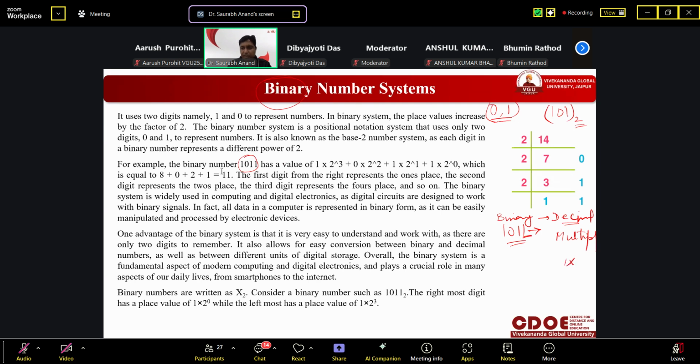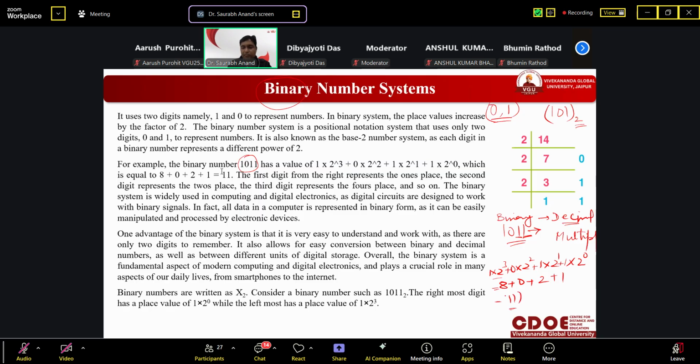So we put the first 1 into 2's power 0, plus the second 1 into 2's power 1, plus 0 into 2's power 2, plus 1 into 2's power 3. So it will be 8, 0, 2, 1, which gives 11.